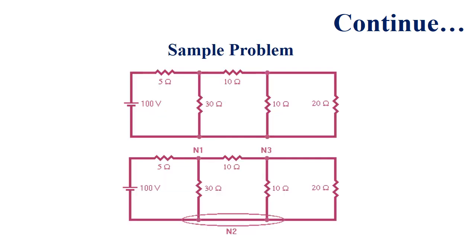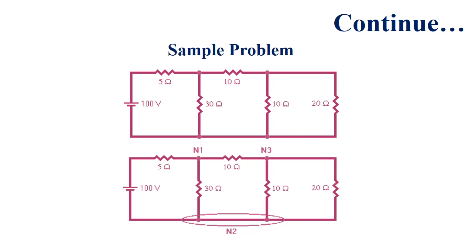Here we have a circuit diagram consisting of 5 resistors and 1 voltage source. Firstly, we have to mark the nodes across the circuit. In the current circuit we have 3 nodes: node 1, node 2 and node 3. Node 2 is the ground node and we are going to consider this node as the reference, meaning the voltage across this node is equal to 0.